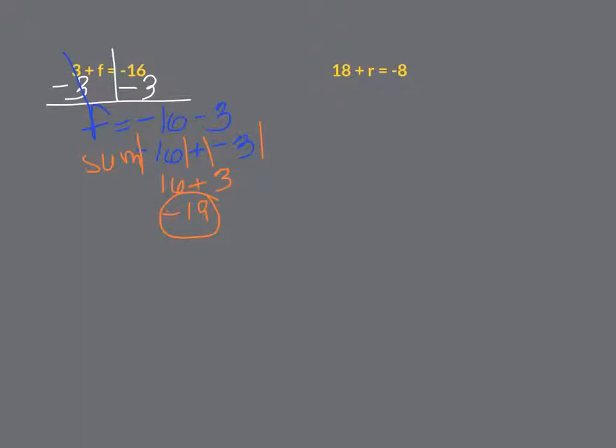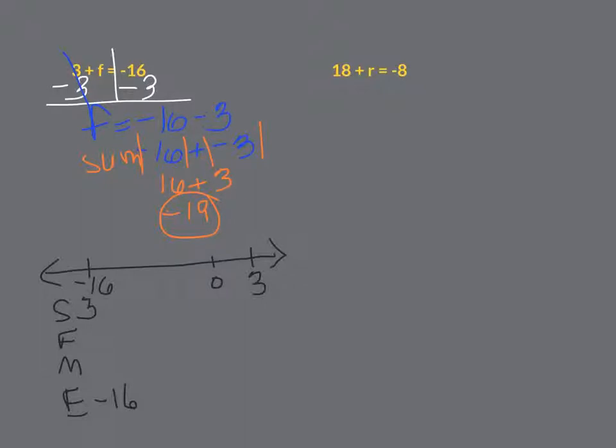Next, of course, we're going to be looking at this on the number line. So here's my number line. I know that I'm going to start, face, move, and end. I'm going to start at 3, and I need to end at negative 16. So let's put both of those on our number line. Here's my 3. Here's my negative 16. Of course, my 0 is much closer to my 3, so I'm going to put that there.